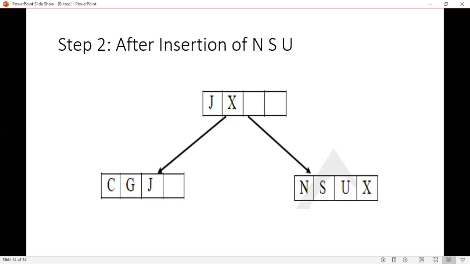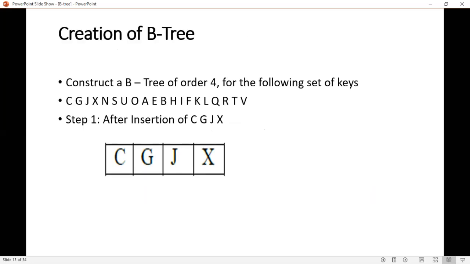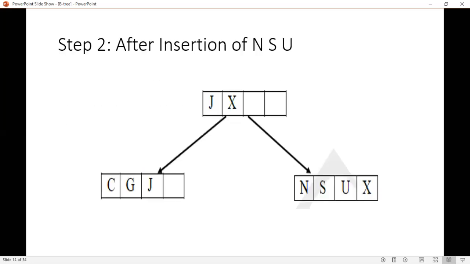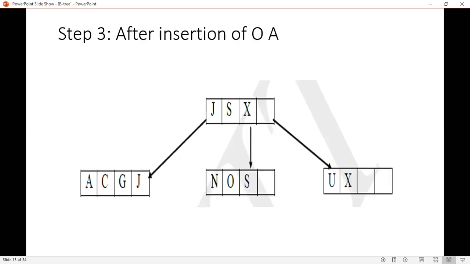Then X goes to the root node, and you can insert S and U in between N and X. Now see the third step, where you have to insert O followed by A.